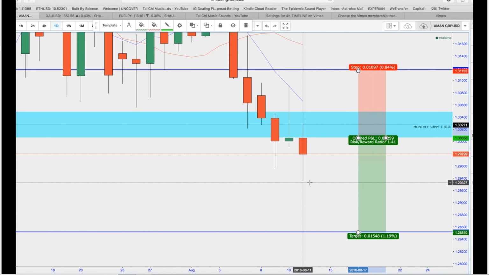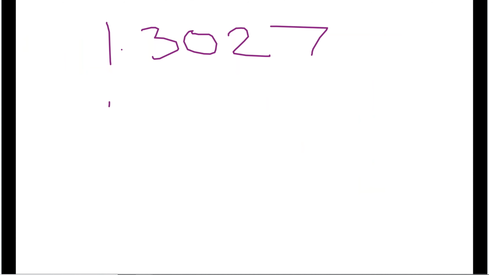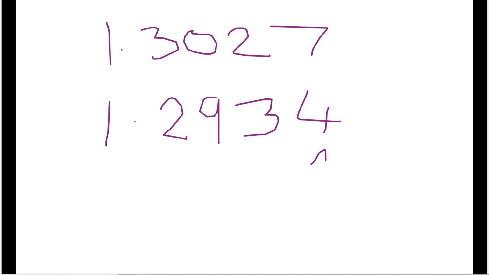The low of the day, what did I say it was? 1.2934. Again, focus is on the 4th decimal. Ignore the 5th decimal on TradingView.